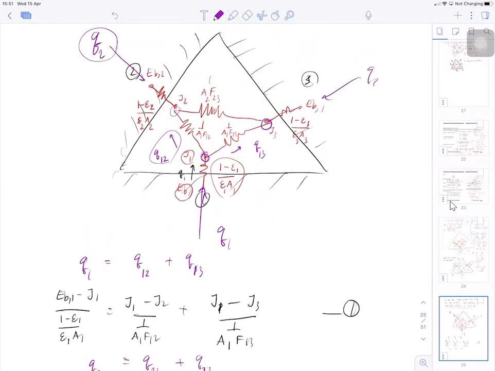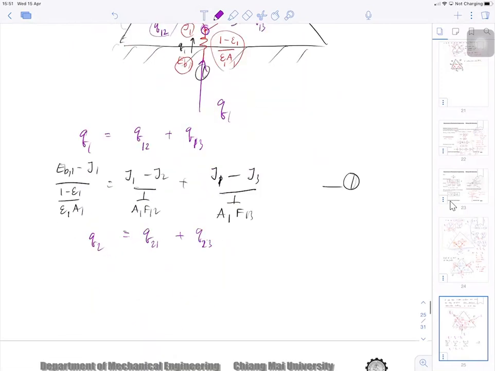And I can detail it up, and it's going to be EB2 minus J2 over (1 minus epsilon 2) over epsilon 2 A2, equal to Q21, which is J2 minus J1 over 1 over A2 F21, right?